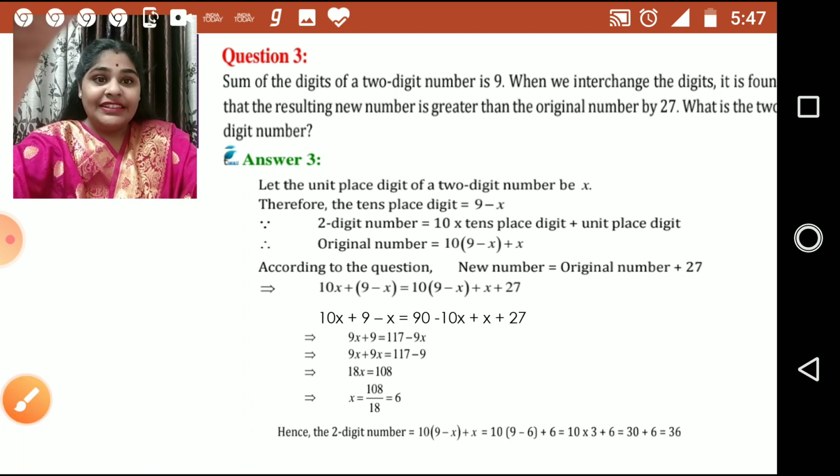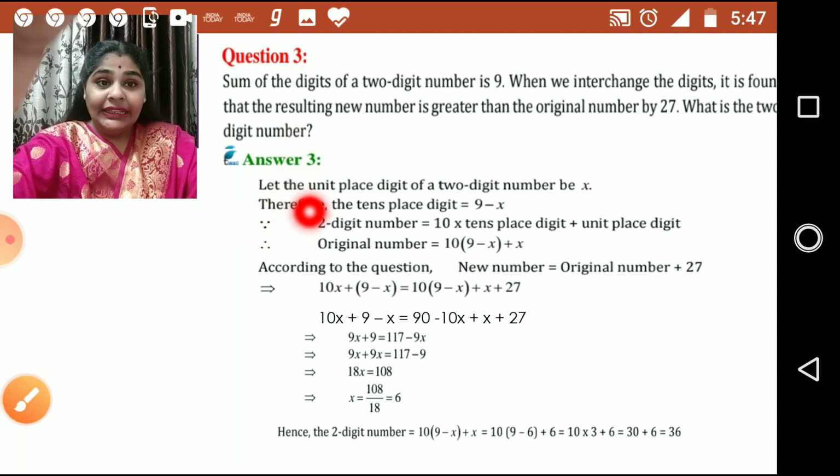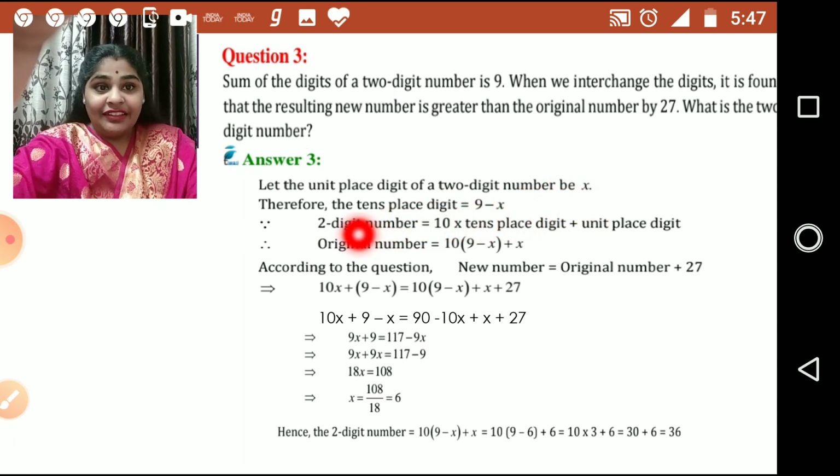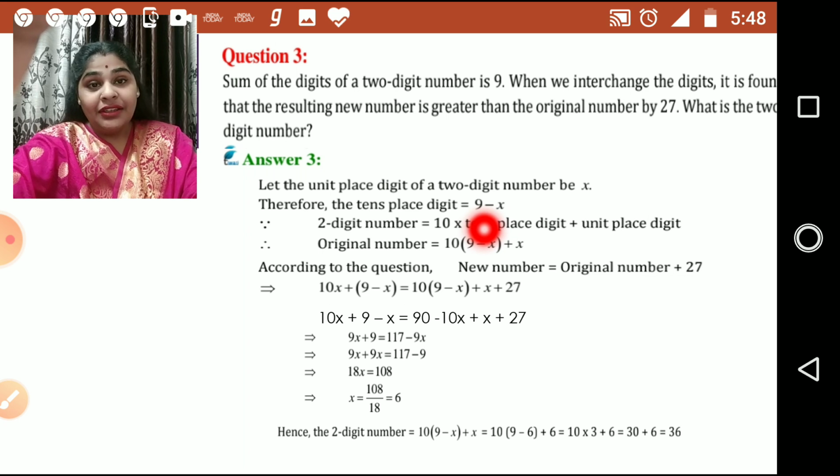So here you can see, let the units place digit of a 2-digit number be x. Therefore the digit of the tens place will be 9 minus x. Why 9 minus x? Because it is said that the sum of the 2 digits is 9. So one is x, so the other will be 9 minus x. Now the 2-digit number will be, as I said, the tens place multiplied by 10 and the ones place multiplied by 1.